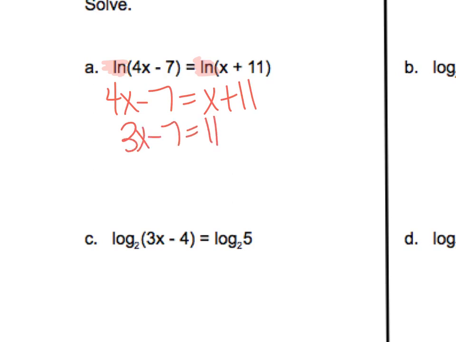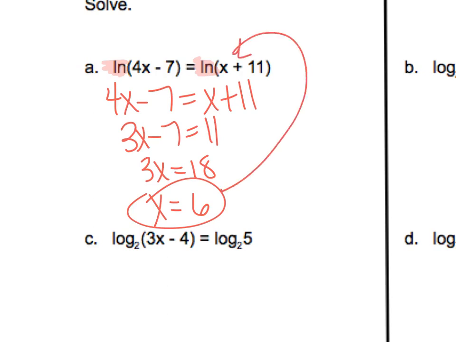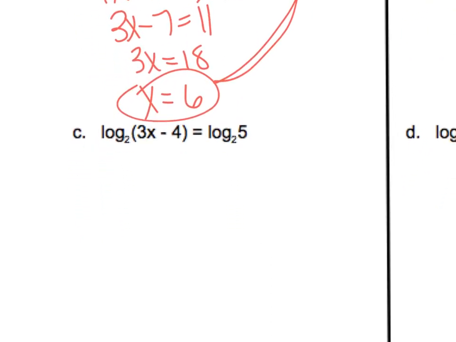If we add 7 to both sides, 3x equals 18. x equals 6. And again, we can go back up and double check to make sure that when we put 6 in for x in both of those natural logs, we don't get a negative number, and we don't. Letter C right down below there, log base 2 of 3x minus 4 and log base 2 of 5.